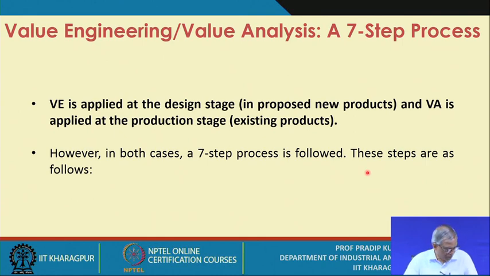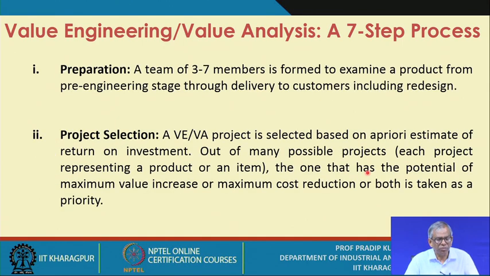Now what are these steps? Let me tell you all these steps, and in each step what actually you are supposed to do. Now the first phase is the preparation phase. This is very important in fact. In this preparation phase, this is your starting point.